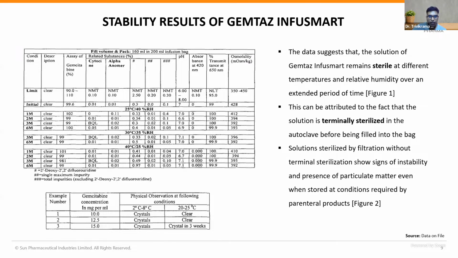This can be attributed to the fact that the solution is terminally sterilized in the autoclave before being filled into the bag. Also, a solution sterilized by filtration without terminal sterilization shows signs of instability and presence of particulate matter even when stored at conditions required for parenteral products.